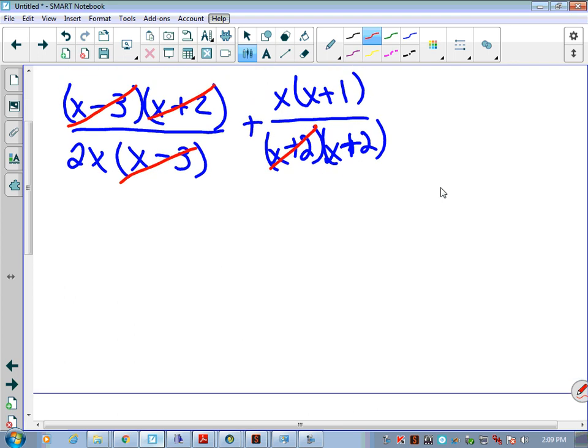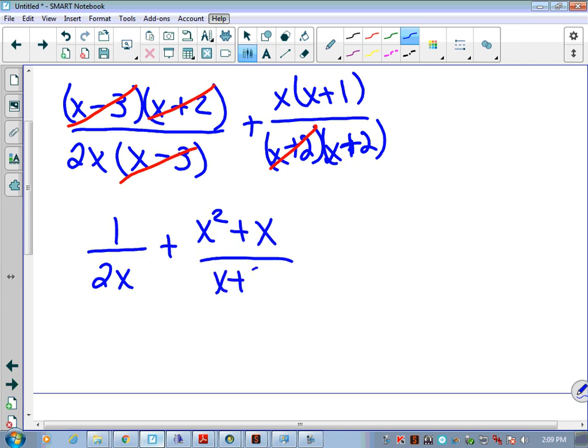Okay, let's drag it down to there and look at what we've got. So simplifying this, this is 1 over 2x plus, we can make that x squared plus x again, because it did eliminate, over x plus 2. Now what I have is 2 fractions. How do I add 2 fractions? What do I have to have? Common denominator. All right?